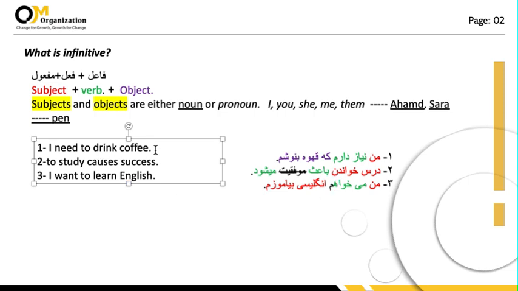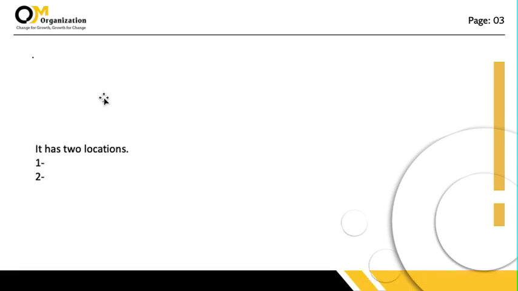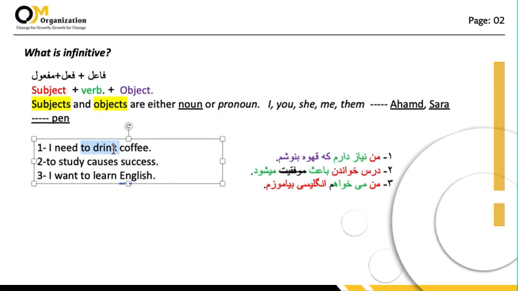So clearly, look, what are our nouns that we have as verbs? Infinitive is something different. By different, I mean that when we're talking about infinitive, it's to plus the base form of the verb. For example, look here, to drink is an infinitive. To study is an infinitive.